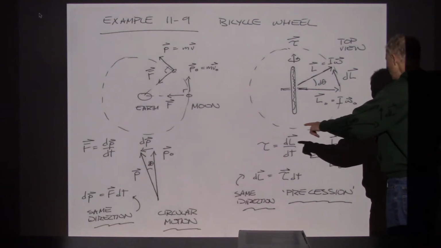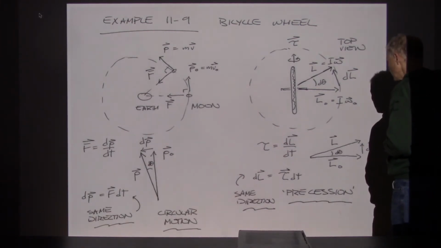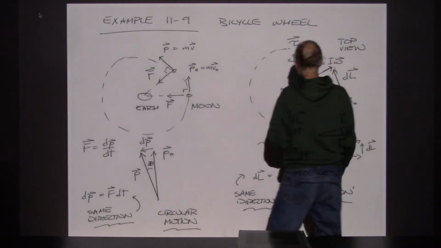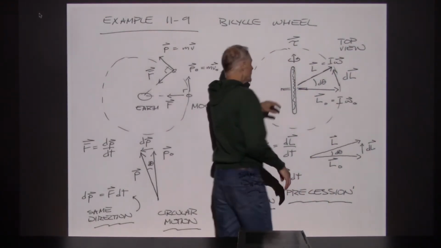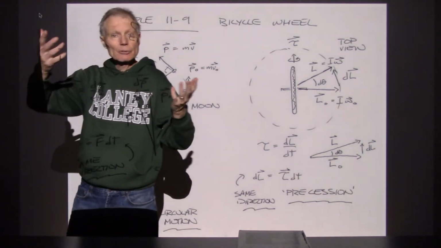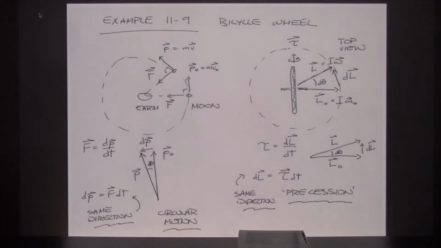And so these two vector diagrams here, they match up. This effect is called precession. If we suspend a bicycle tire that's spinning, it'll just rotate. It's kind of like a gyroscope effect that you'll see with bicycle wheels.